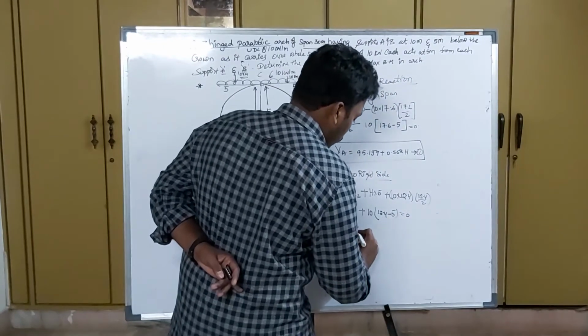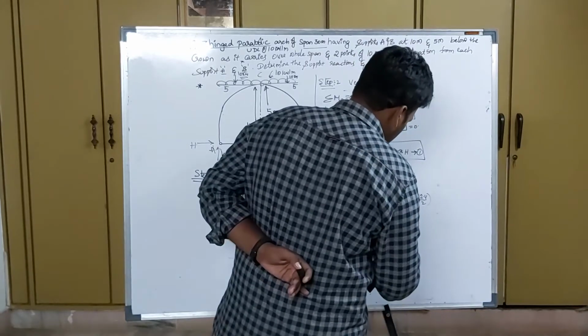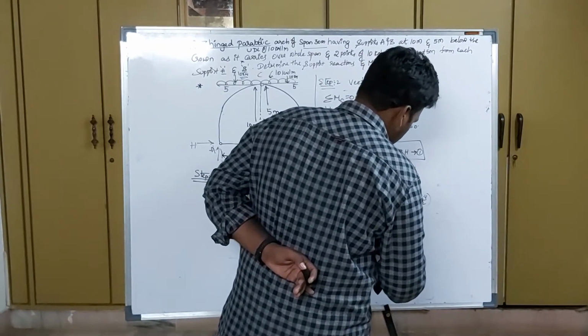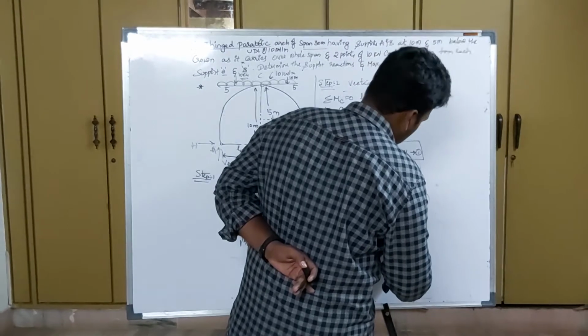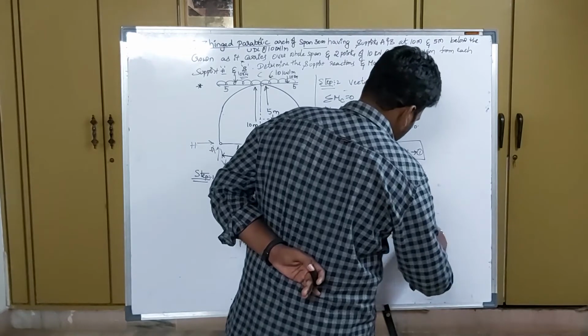Therefore, from here we can calculate the value of VB, where VB has the equation of 67.96 plus 0.403 capital H. This will be equation 2.